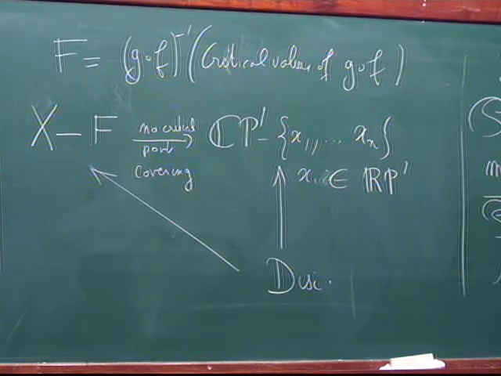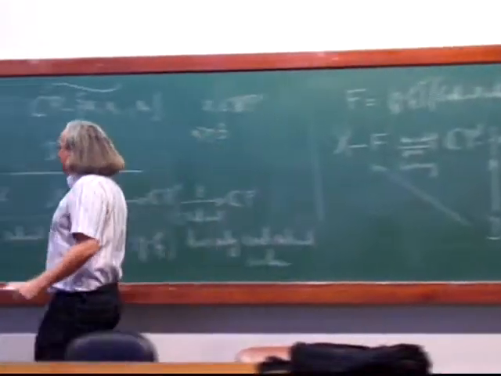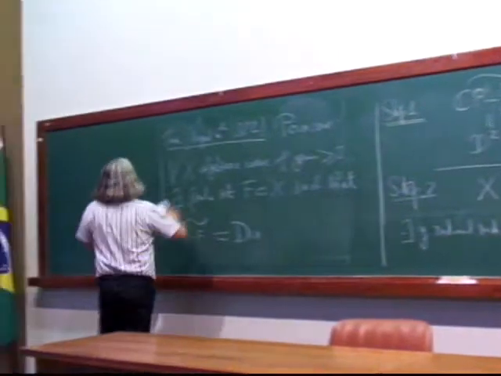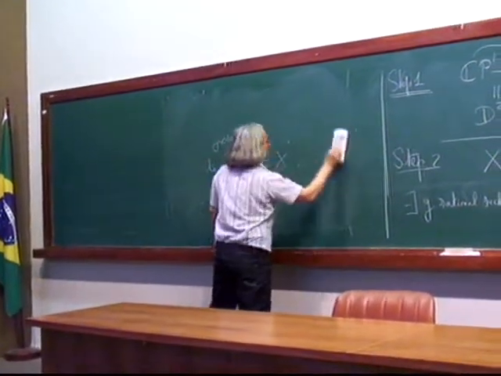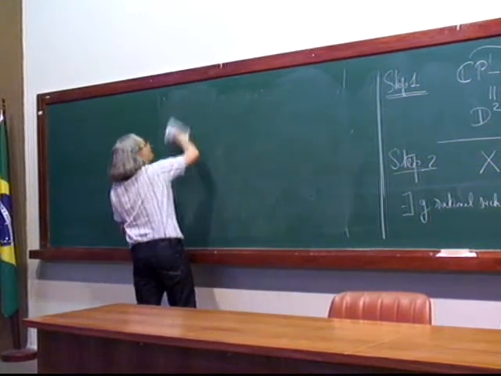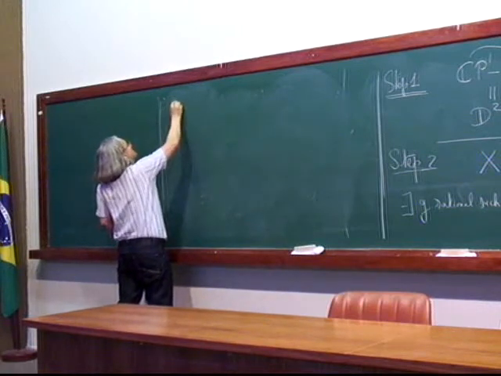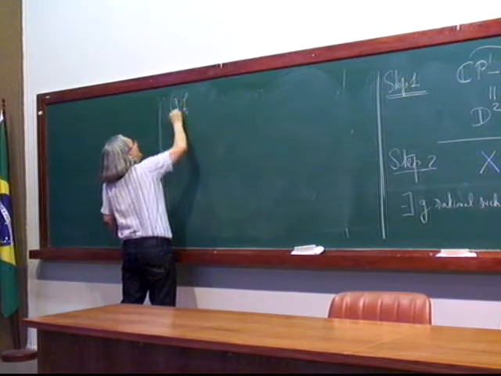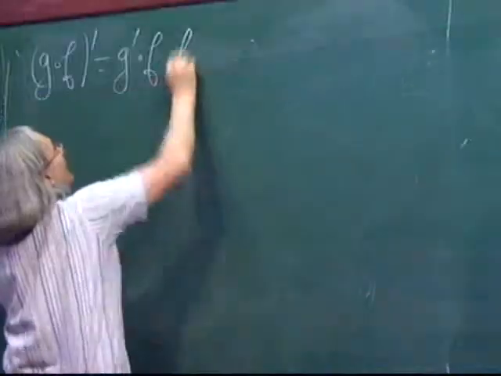Okay, so step number 2 is a very simple exercise. This is really the exercise. You know, when you want to compute the critical points, the critical values of G composed with F, you take the derivative, which is G prime composed with F prime.